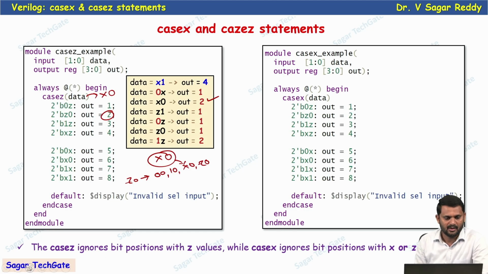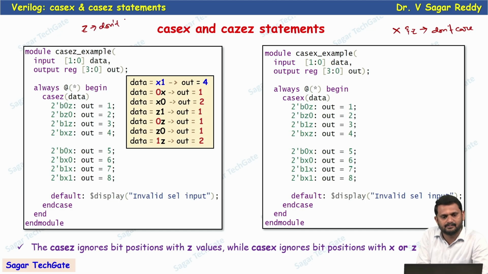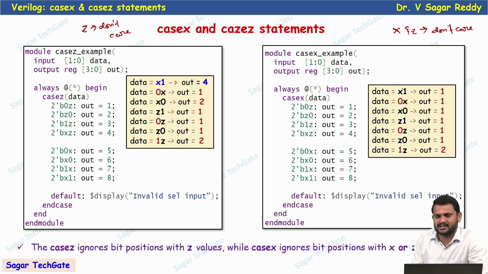Okay. Same way, if we see the casex example, what is it like? In casex, we consider both x and z as a don't care. Both we consider as a don't care, whereas in casez we only consider z as a don't care. Clear? Now see, in this example, my data is x1. Assume that my data is x1 here.